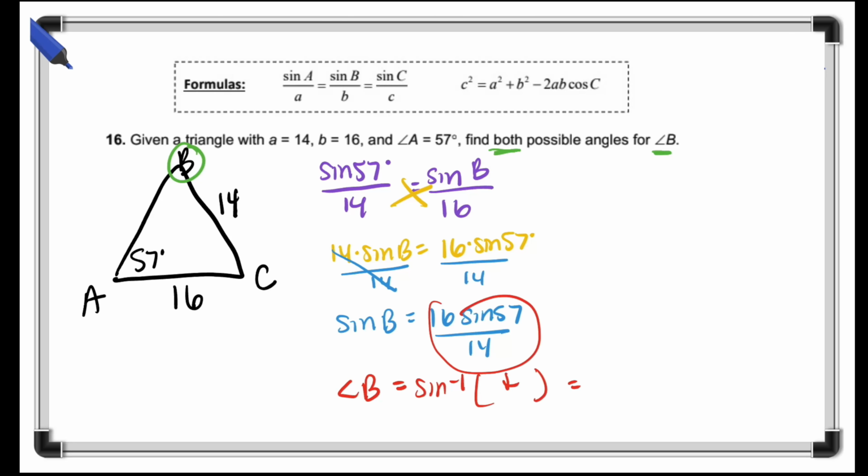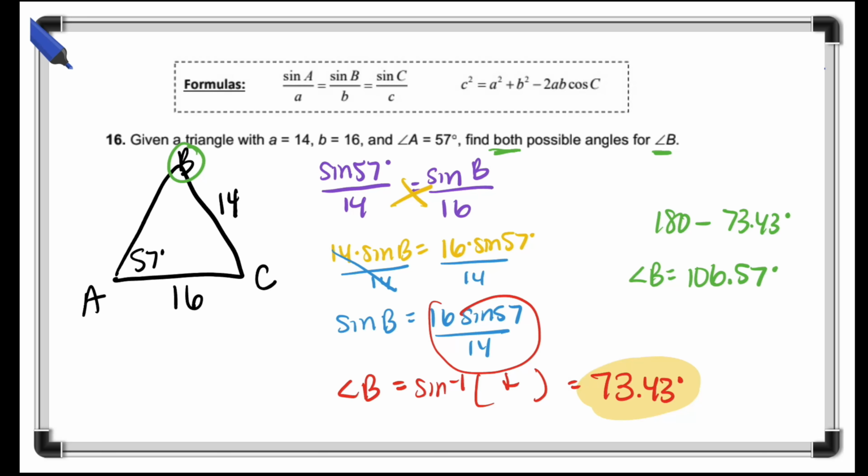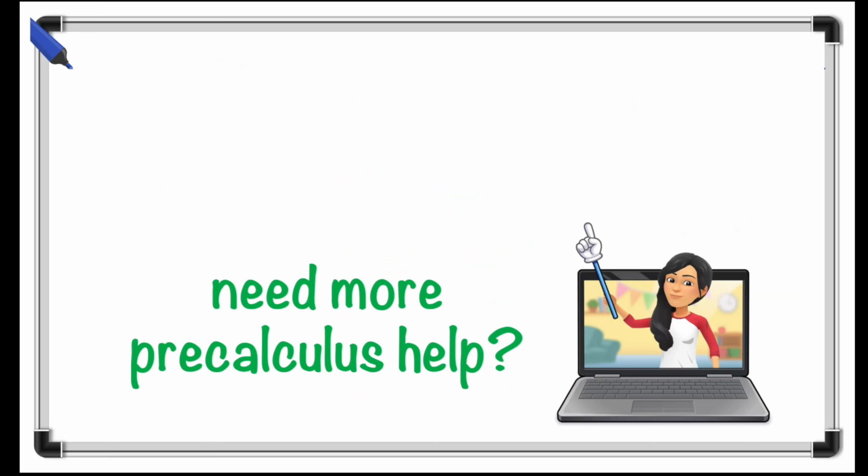So that angle is going to be about 73.43 degrees. So that's angle number 1. In order to find angle number 2, you are again going to take 180 and subtract it from 73.43. So the other possible angle B would be 106.57 degrees.